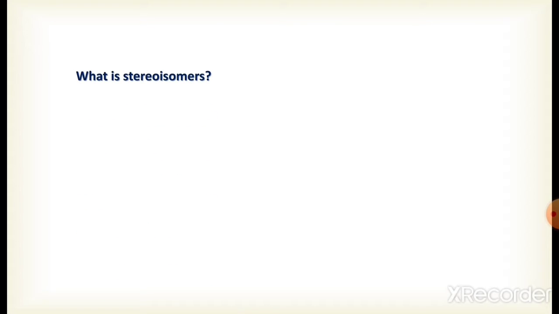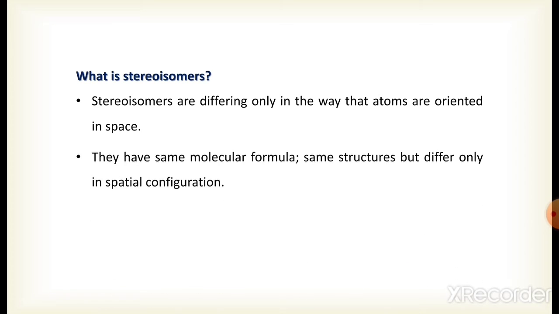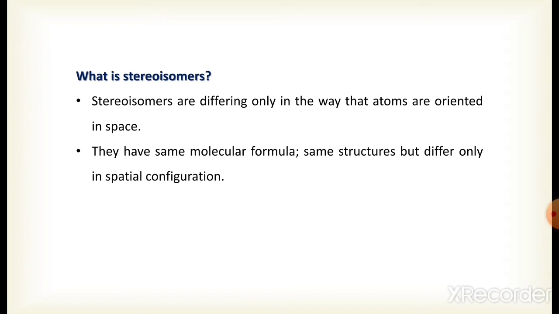Now, what are isomers or stereoisomers? Stereoisomers differ only in the way that the atoms are oriented in space. They have the same molecular formula, same structure, but differ only in spatial configuration, meaning how the atoms are attached to the centrally placed carbon atom.